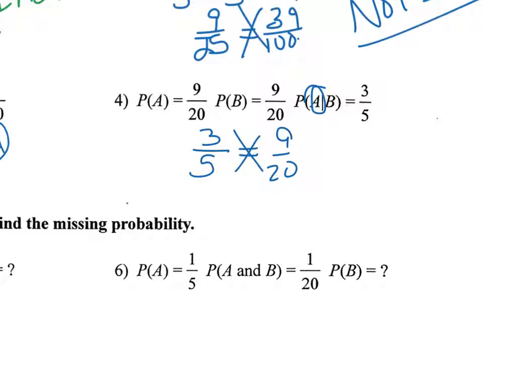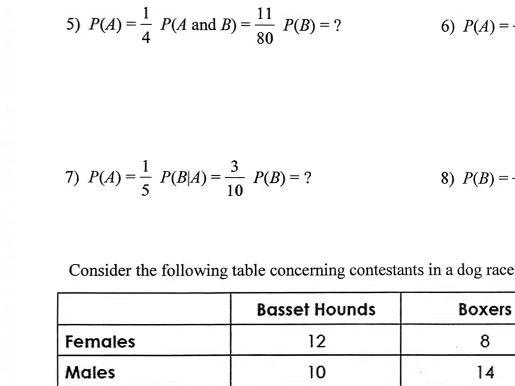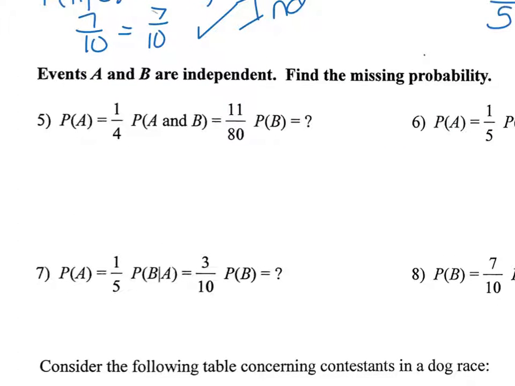So not independent or dependent. I'm telling you right now that they are independent, so meaning all the probabilities work. Those two proving things work are true if we want to find the missing probability.